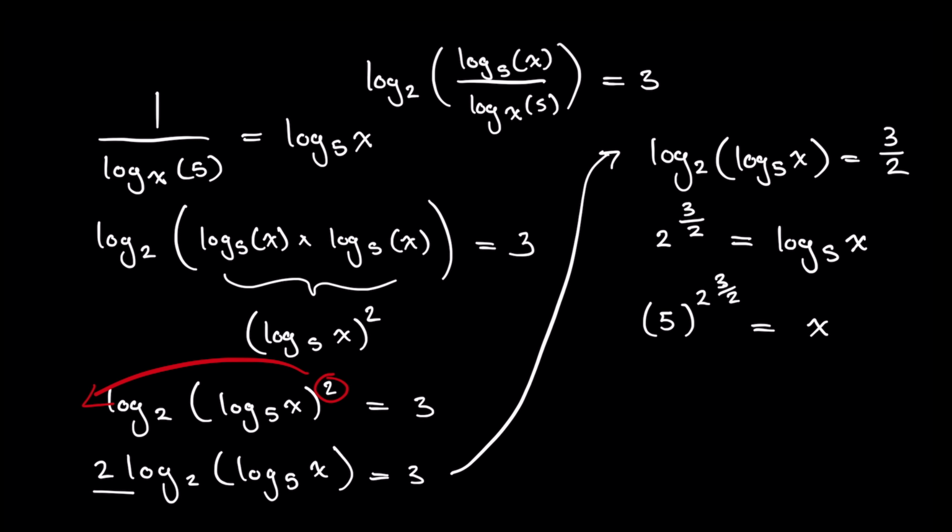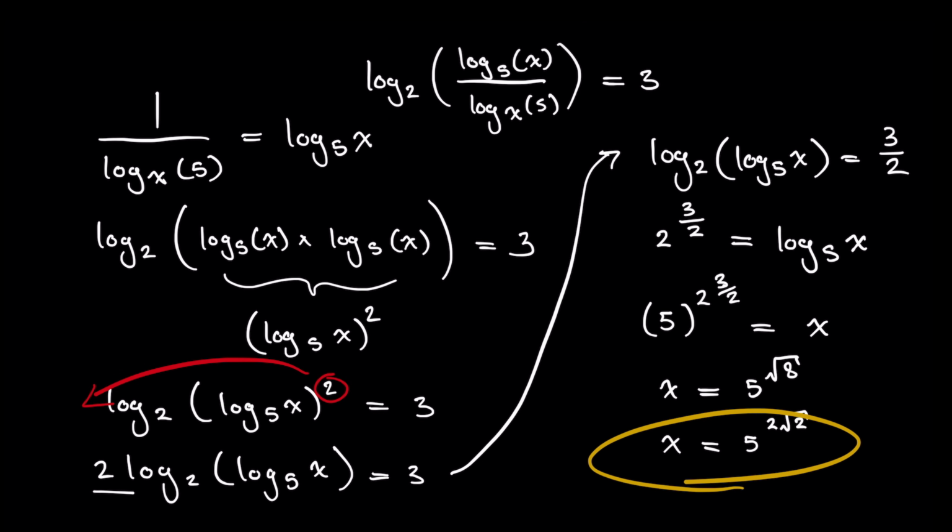So here we have our final answer of x, which is 5 to the power of 2 to the power of 3 over 2. But if you'd like to be slightly more concise with this, you can rewrite this as 5 to the power of the square root of 8, or if you'd like, 5 to the power of 2 times the square root of 2. And that is our final answer.